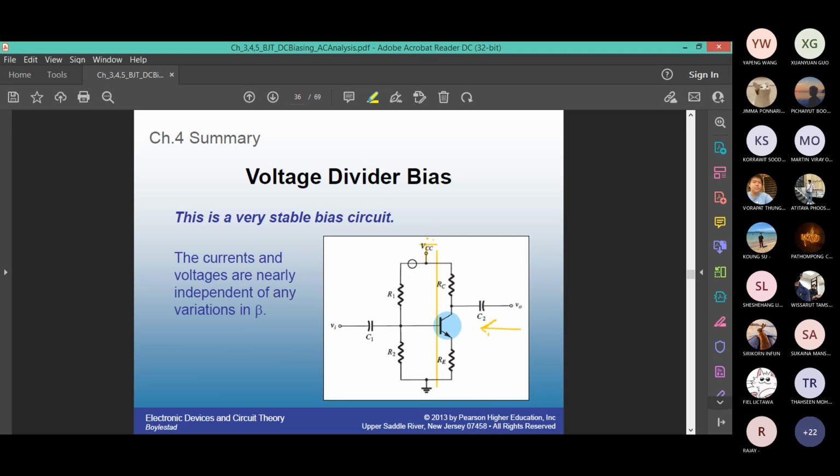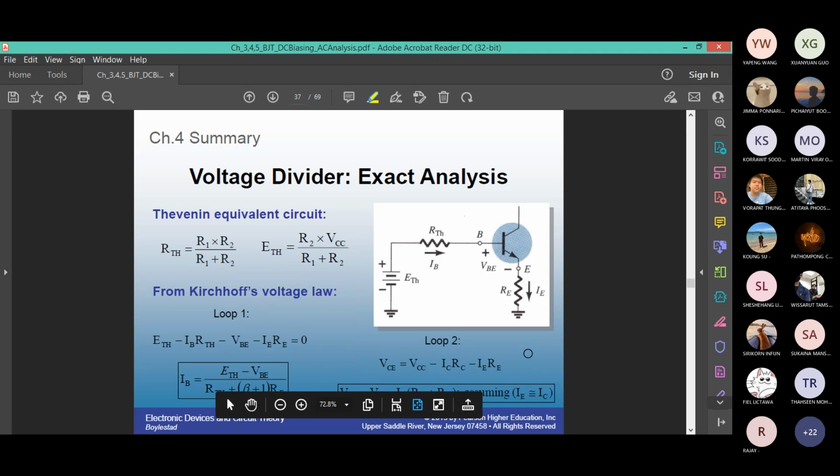We look at the source, find the equivalent resistance of the source. What do you see? R1 goes to ground. We are not worried about capacitor now, we are doing DC analysis. When VCC is killed, you see two parallel resistors, R1 and R2, on your source side. So RTH, the Thevenin equivalent resistance, is R1 R2 divided by R1 plus R2.